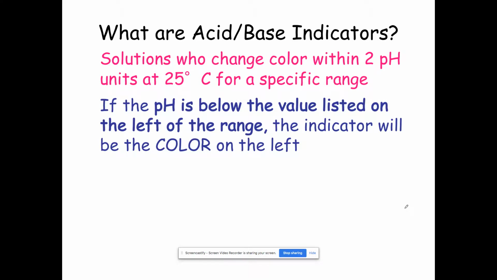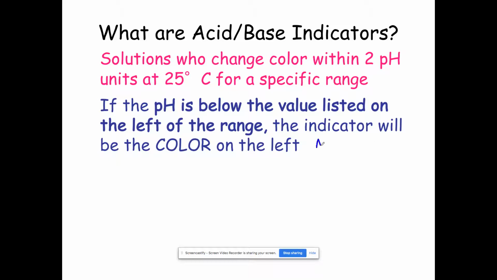If you're given a certain pH and it's below the first number in the pH range, the value listed on the left, your color will be whatever is the leftmost color in the color change column. For example, I'm looking at methyl orange.